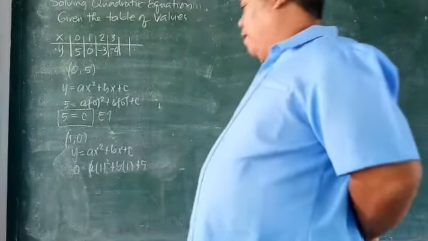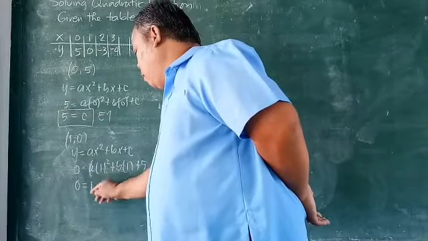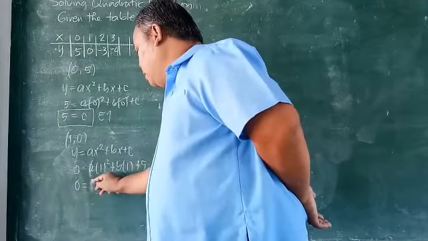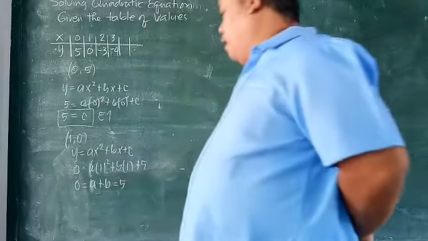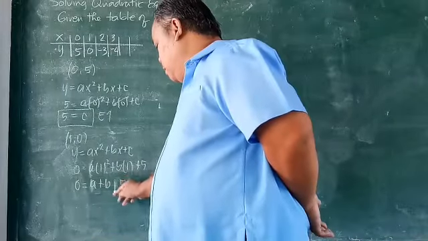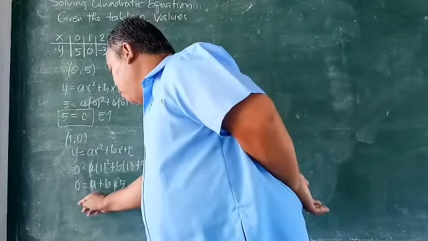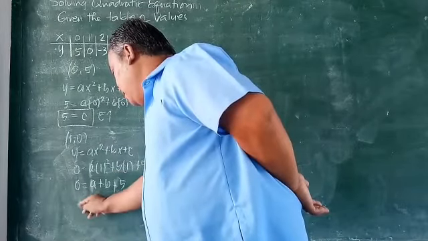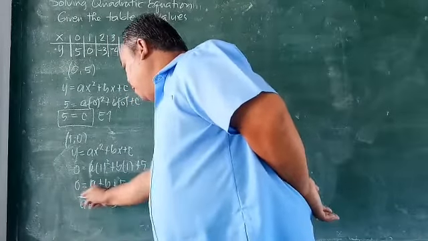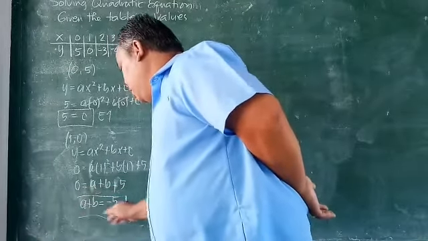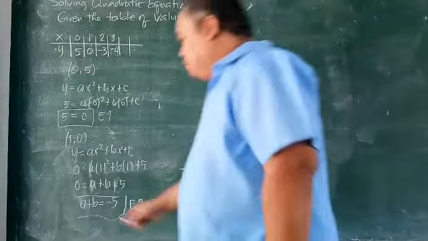So this is 0 equals a plus b plus 5. Then we transpose the 5 to the other side, so this can be written as a plus b equals negative 5. That will be your equation 2.